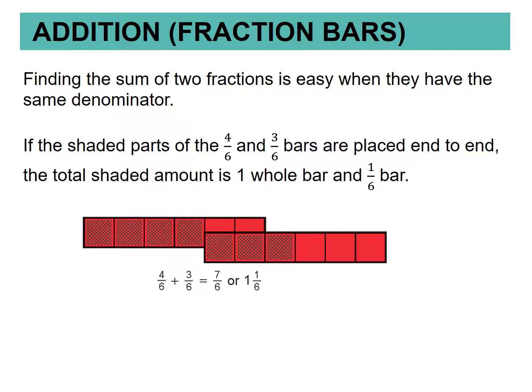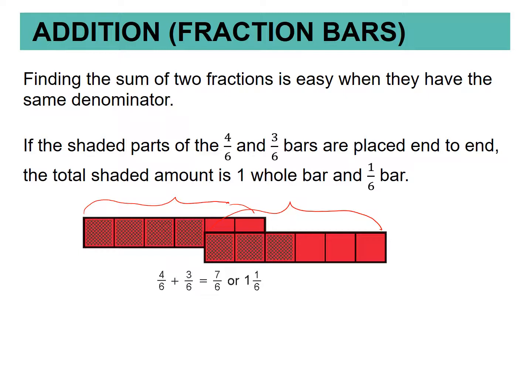Okay, so in this bar, we have 4 of 6 parts total shaded. And in this bar, we have 3 of 6 parts shaded. And if we put them together, we put this where this one stops, and then we add up how many parts are shaded.